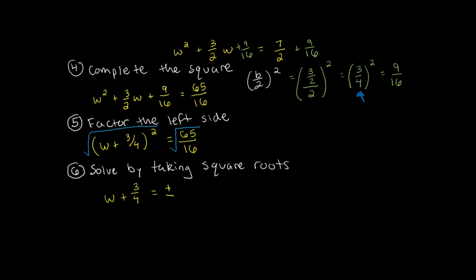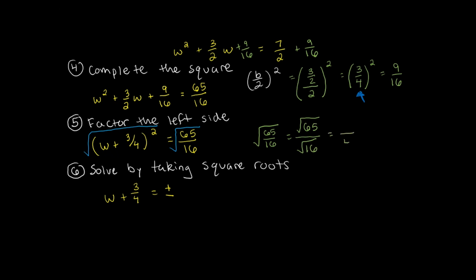We get a plus or minus, and I'm going to do my work on the side to simplify that. So the square root of 65 over 16. We're simplifying this radical, so you're splitting it up. So we've got the square root of 65 over the square root of 16.